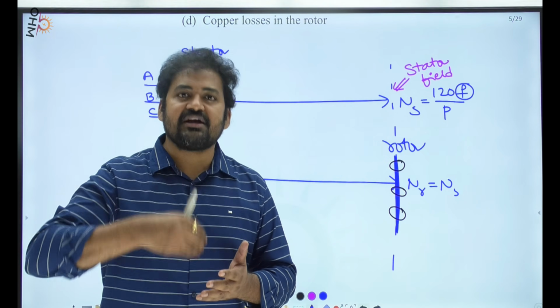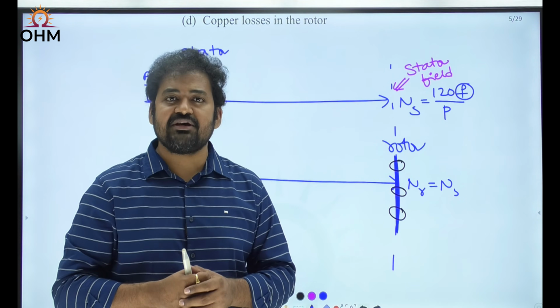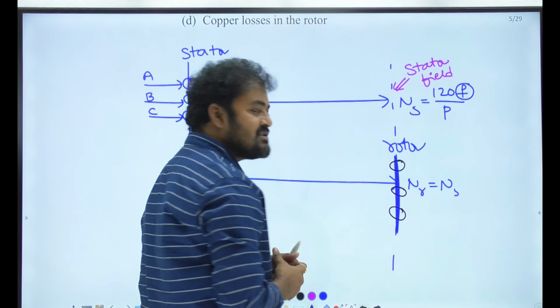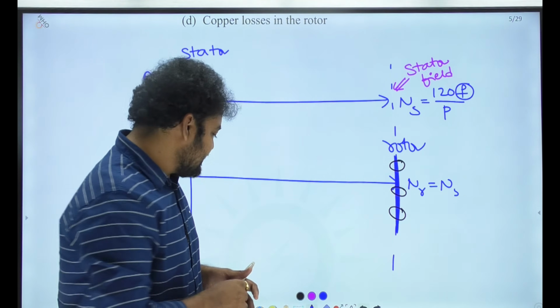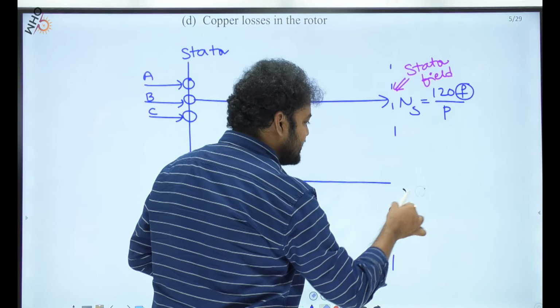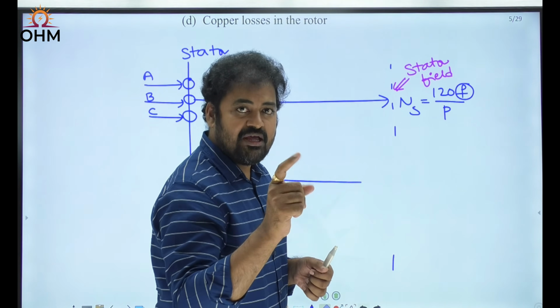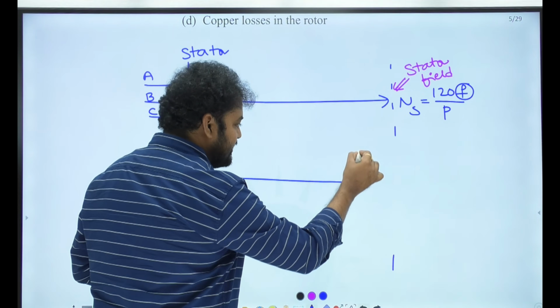Suppose load suddenly increases, what happens? We all know that load torque is always an opposition torque. If opposition torque suddenly increases, the machine will decelerate. Because of that deceleration, the speed of the rotor will suddenly change. Whenever load suddenly increases, the speed of the motor will suddenly decrease.